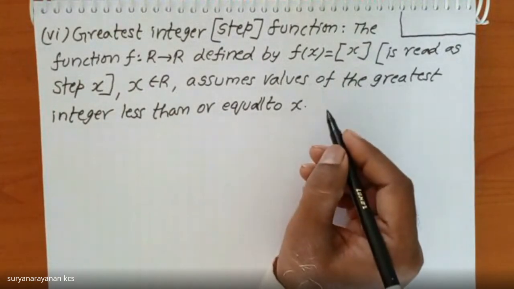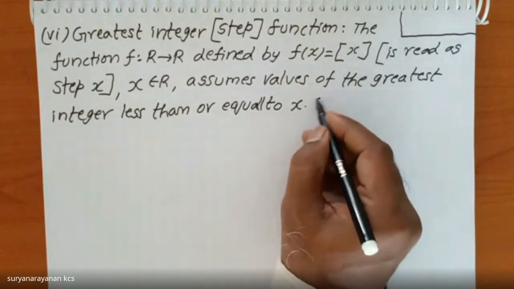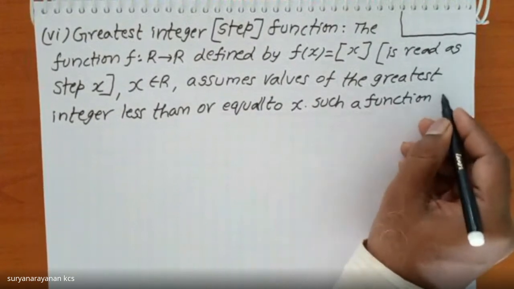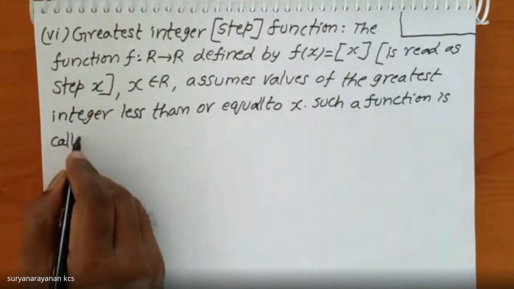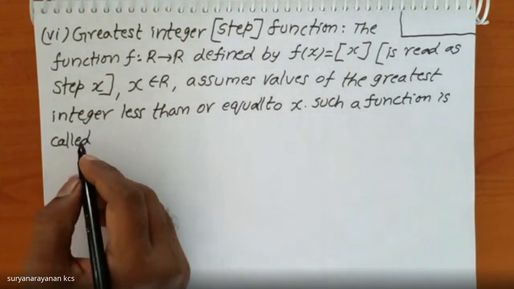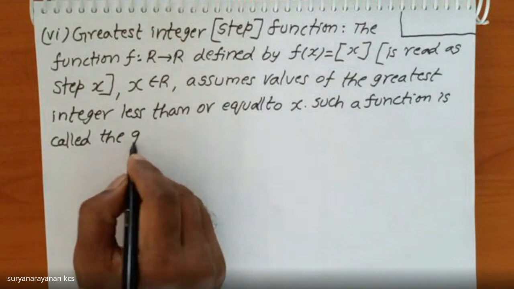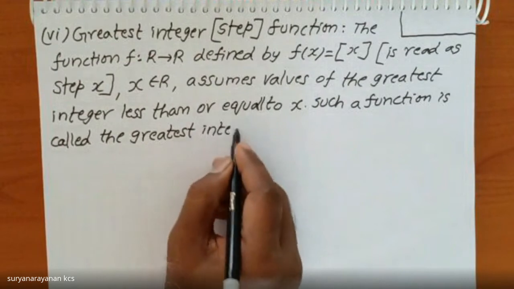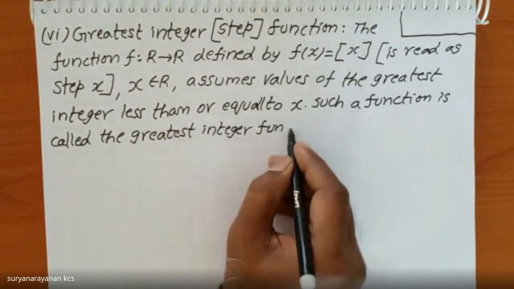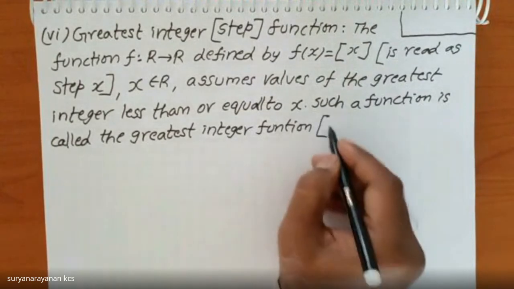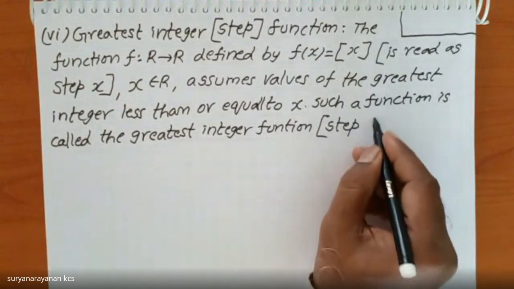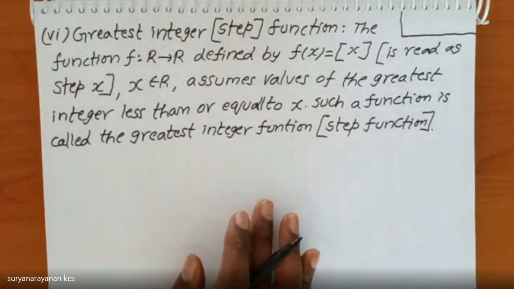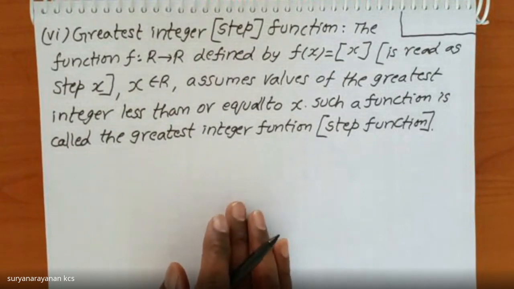Such a function is called the greatest integer function. This is also called the step function. Both denote the same, step function or greatest integer function.